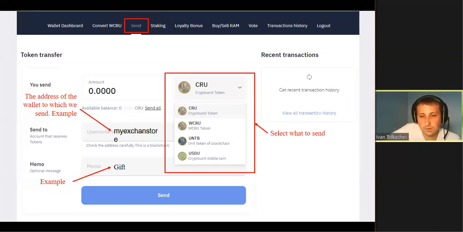So to run your business on Cryptounit blockchain is quite beneficial. There are different types of stakings and very interesting functions available when you work with your wallet, and you can get income simply by getting a wallet and some tokens in them, including World CRU, UNTB, and CRU tokens.